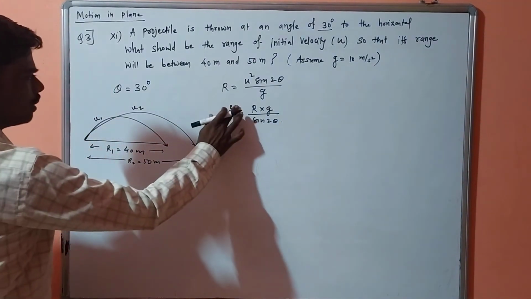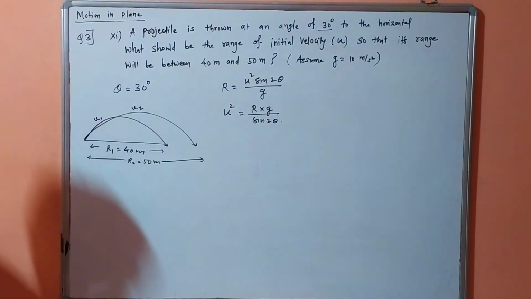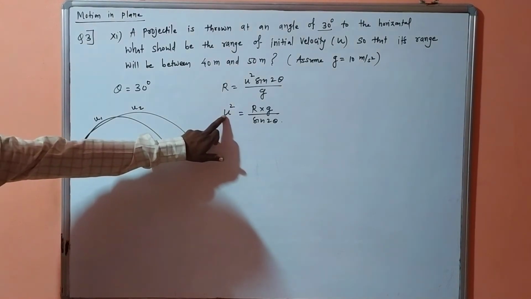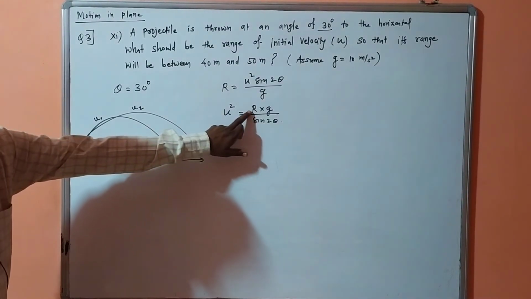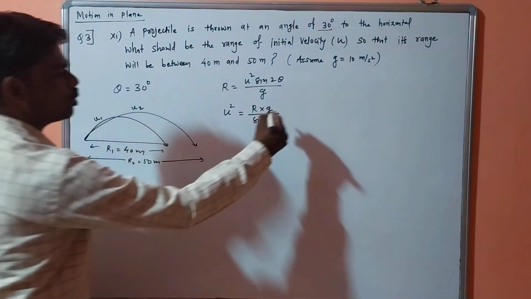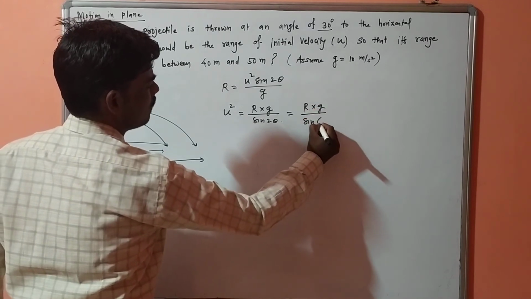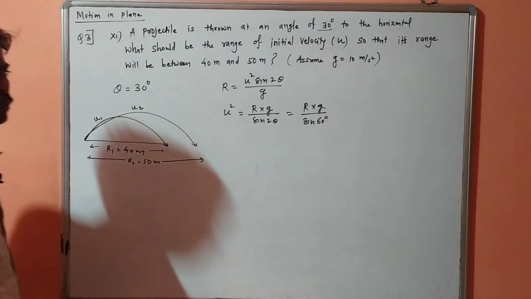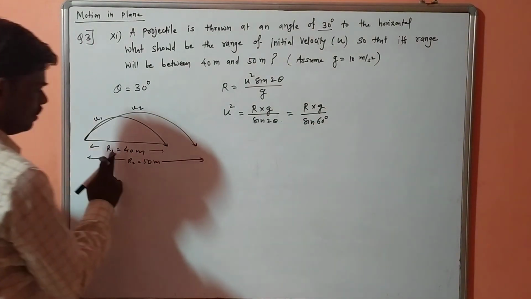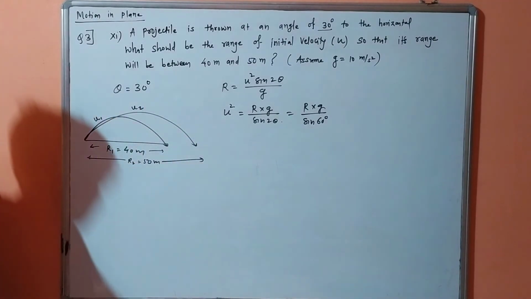So remember, according to the condition of this problem, this velocity depends on the range because the angle of projection is constant, 30 degree. So I will write here R into g and here sine 2 into 30, that is sine 60. So if the range varies, then naturally u will change.